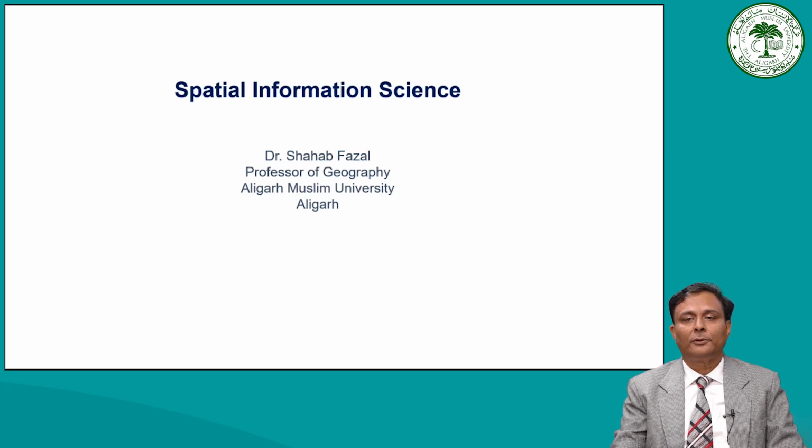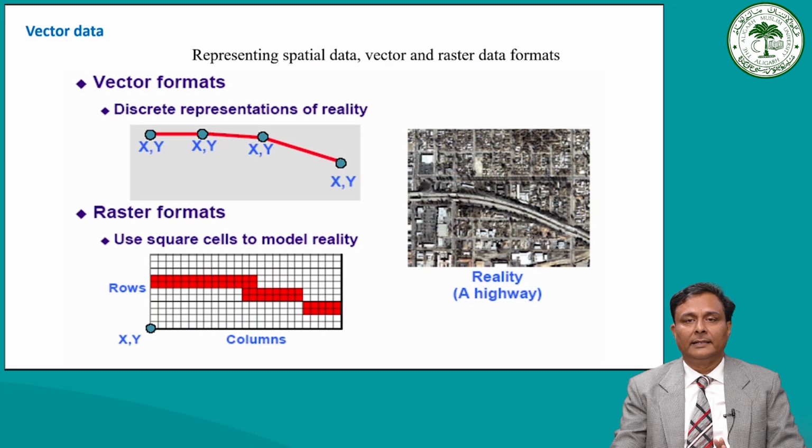In this part, we would look into another data format, which is the vector data format. If you recall, we explained that vector data format represents specific features on the Earth's surface and assigns attributes to those features. And these vectors are composed of discrete geometric locations represented by XY values.